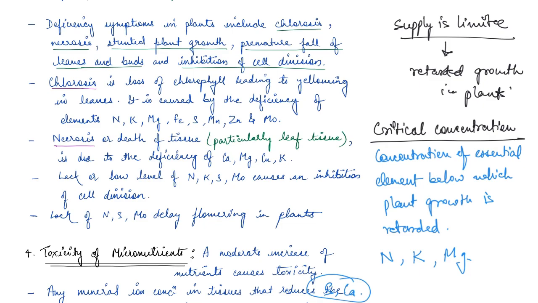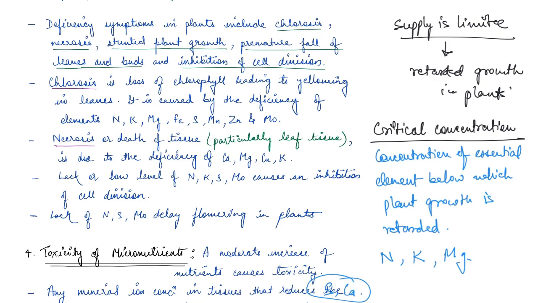So you'll have to study all the symptoms. You'll have to compare it with all the elements which are required for that plant, and then all the elements which are present in less quantity, which are deficient, and then compare all of it and come to a conclusion. But it is very confusing and complex, right?